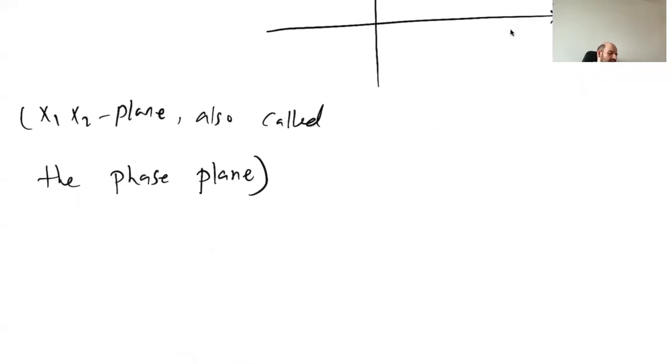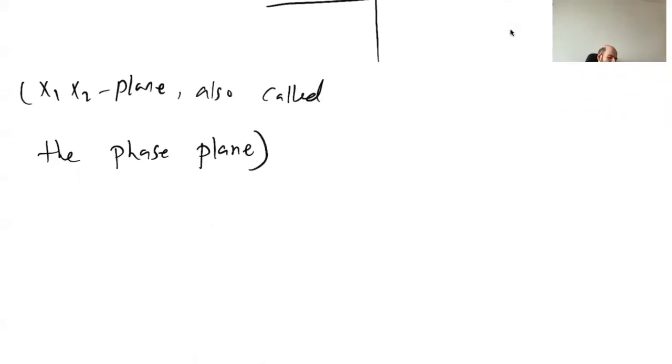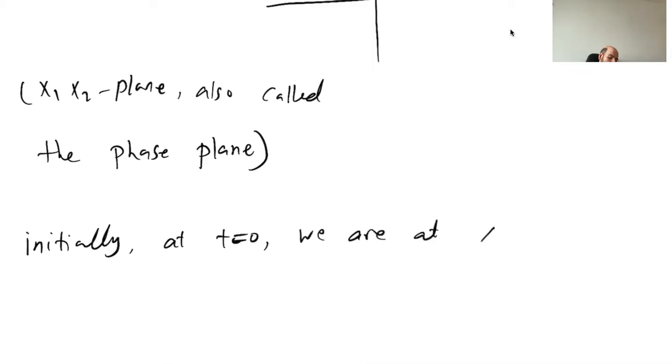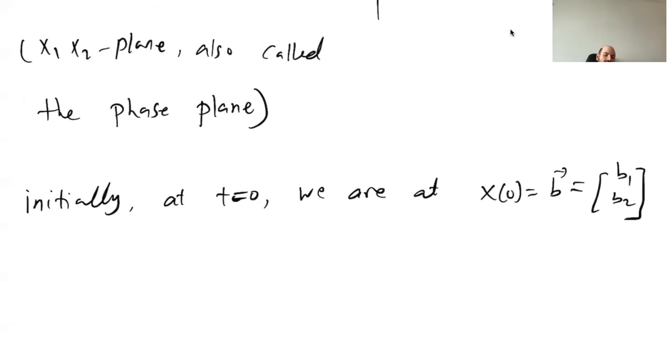So remember, initially at t equals 0, we are at x of 0, which is supposed to be b, and let's say this is some fixed vector b1, b2. Now what happens at t equals 1? Where will we be?